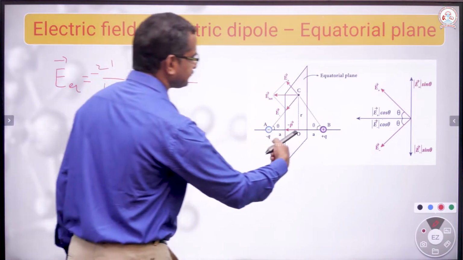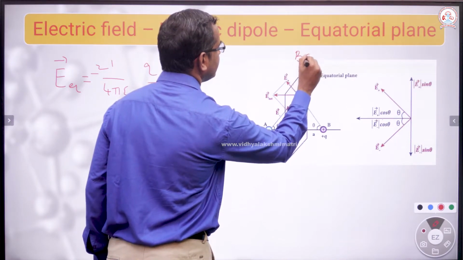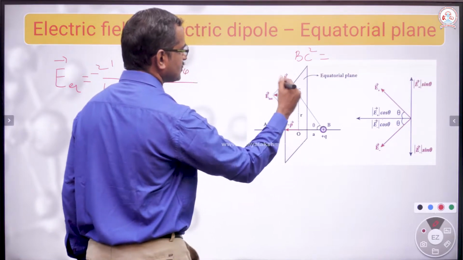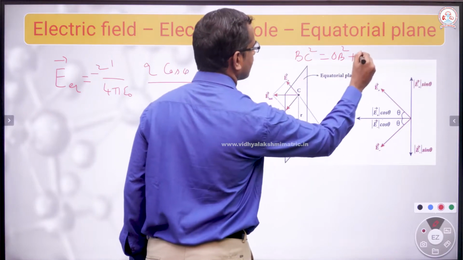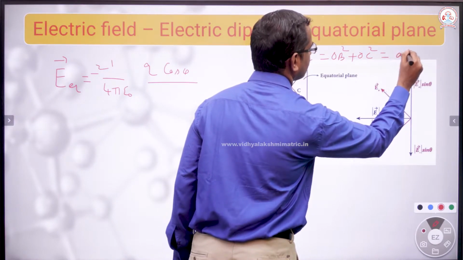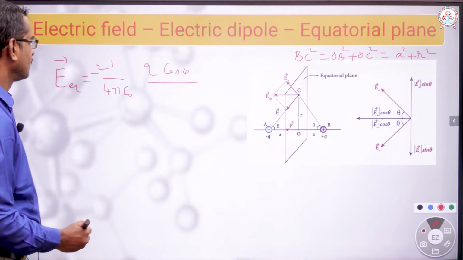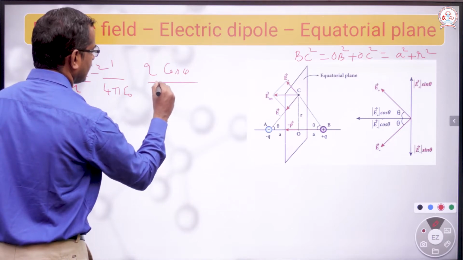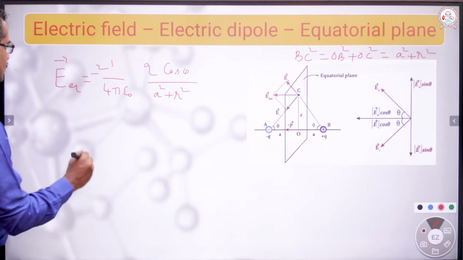Applying Pythagoras theorem, BC square is equal to OB square plus OC square, that is equal to A square plus R square. Then you can write q cos theta by A square plus R square. Then cos theta value is to be calculated.